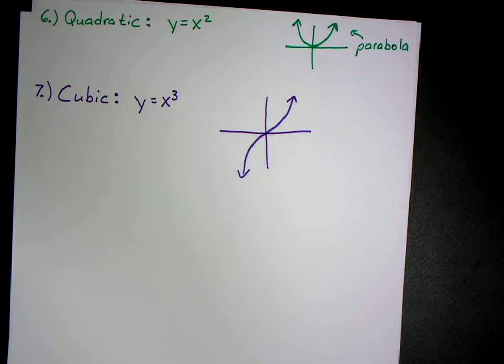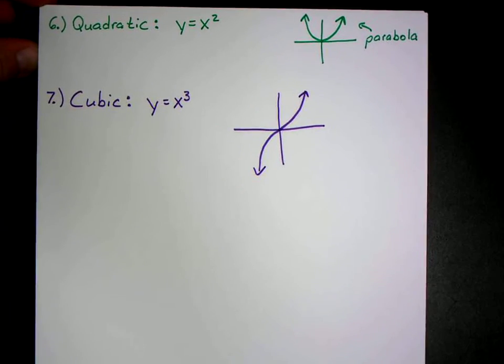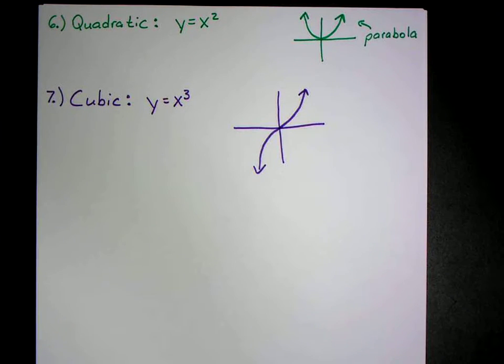Okay, cubic. So square roots and the quadratic are inverses of each other, which we haven't really talked about, inverses, but just to bring that up. And a cubic and a cube root are inverses of each other.